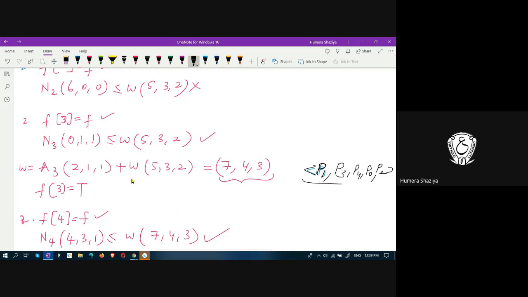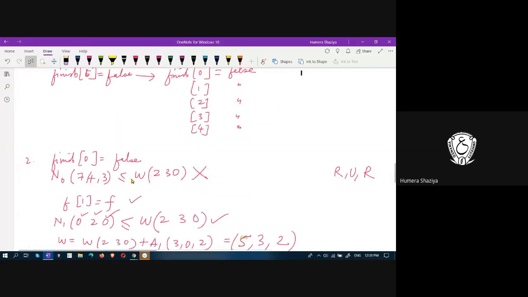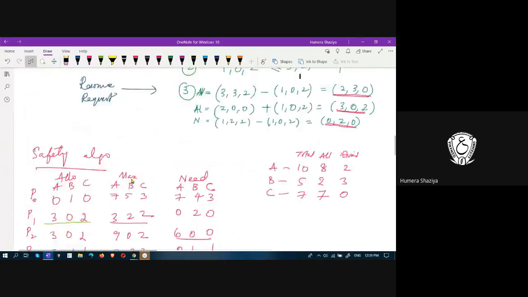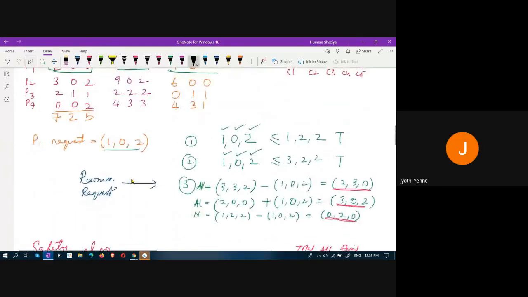This is the safe sequence. This is the sequence in which, if processes finish their execution, there won't be any deadlock. And the request is accepted. Which request, actually? Why did we start all this process? Because P1 requested 1 0 2.